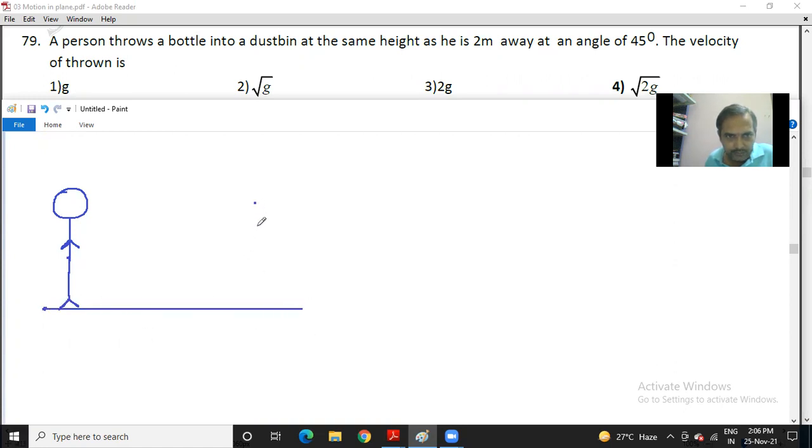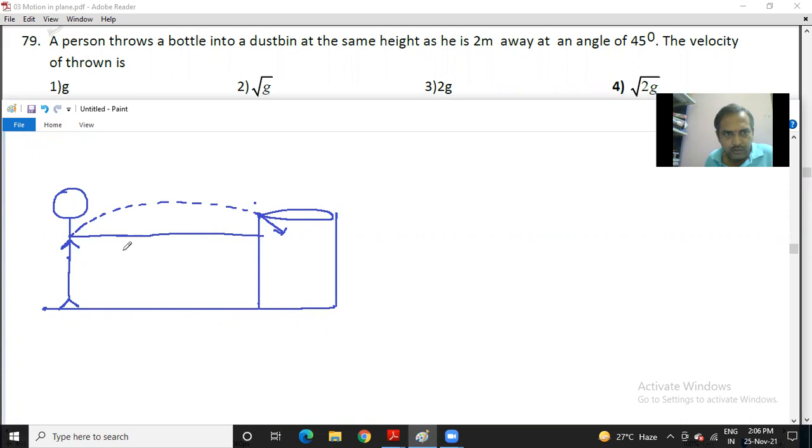Here is the dustbin. Now the person throwing it is just like a projectile. Now what is the range? So this is going to be the range. Range is given 2 meters.